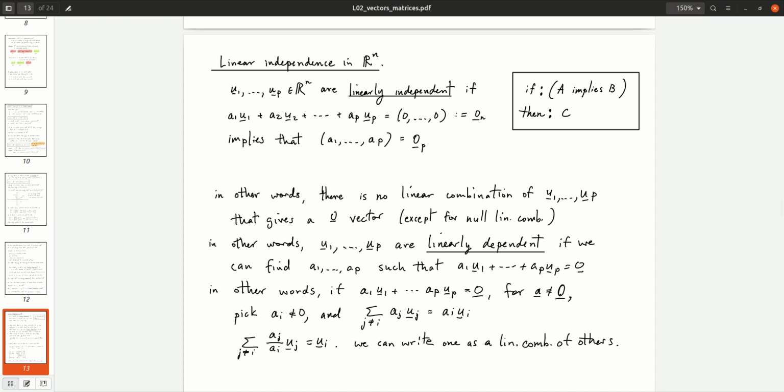Another way of saying it is you flip it around and you say u1 to up are linearly dependent, which just means not linearly independent, if we can find a set of coefficients that are not all equal to 0, such that the linear combination with those coefficients gives you the 0 vector.